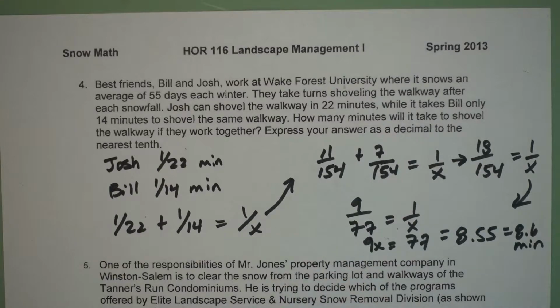And guys, if you're keeping track of your individual workers out there doing it, and especially if you're on some type of time management software, you can break down your minutes. How long does it take Josh to do the sidewalk at Wells Fargo number 1? Well, if it takes him 22 minutes, but Bill goes back and does it the next time in 14 minutes, and you've got the same amount of snowfall, you can predict how long it's going to take the average person to do these jobs.